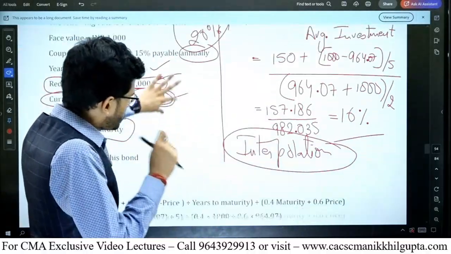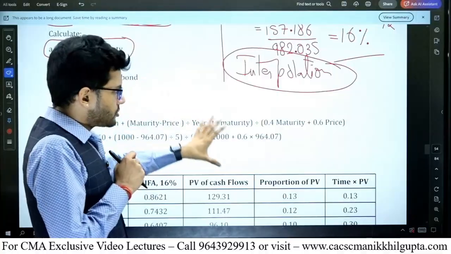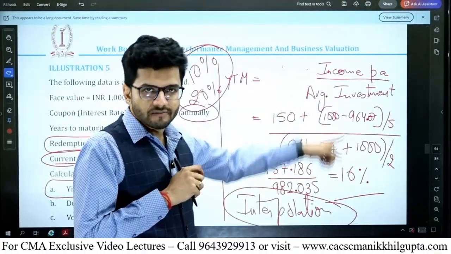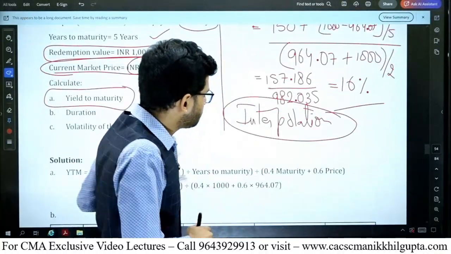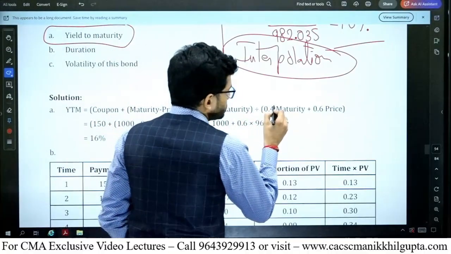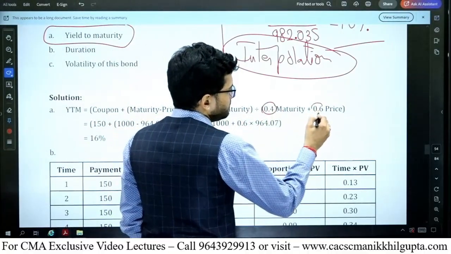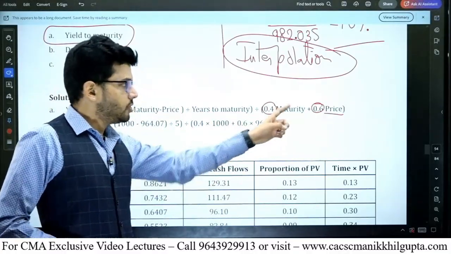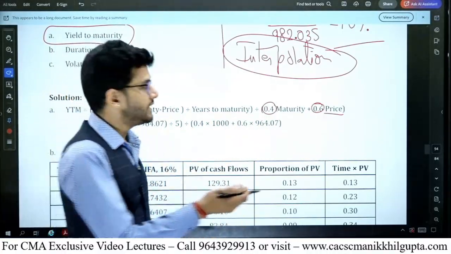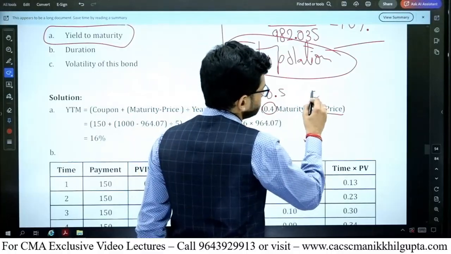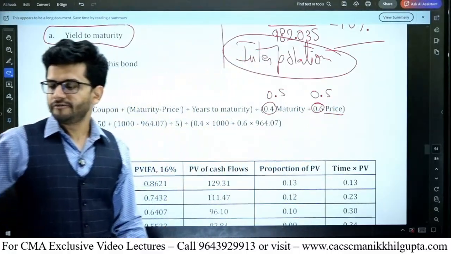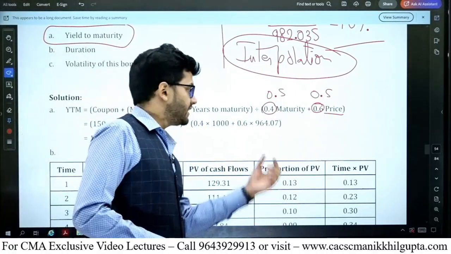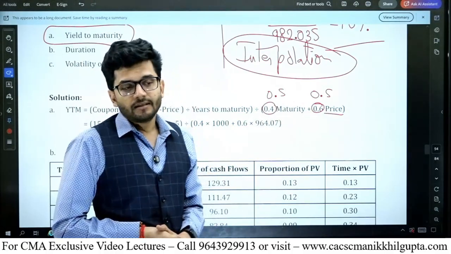Now, the question has done the calculation using the average investment method, but they have taken the averages slightly differently. The maturity value they have taken at 40% and the price at 60%. They have changed the constitution of the weights. I have given weights as 0.5 and 0.5, while the answer has given weights as 0.4 and 0.6.